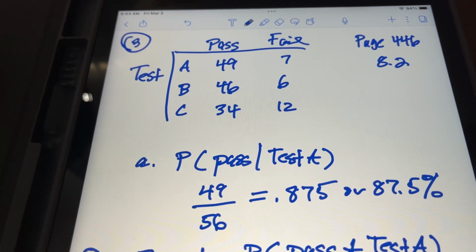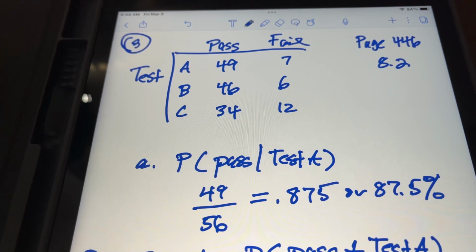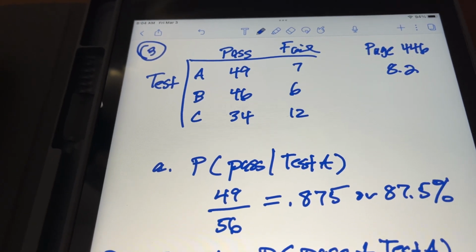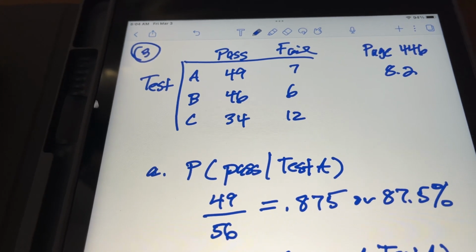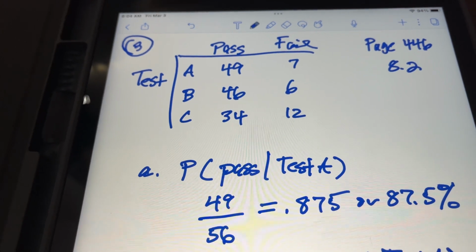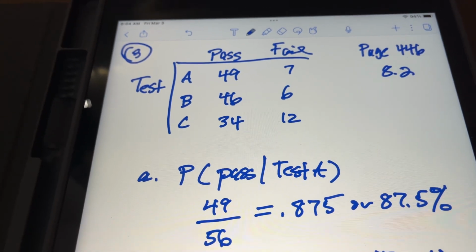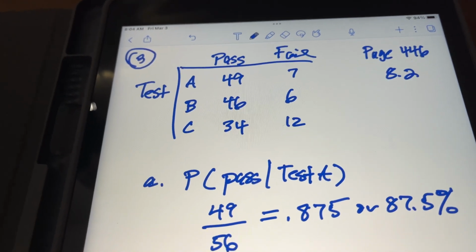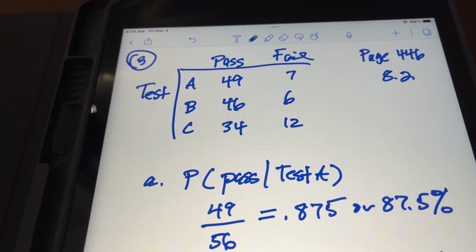Written as a decimal, that's 0.875, and that's 87.5%. So that's how you do that. No special formula or anything, just looking at the table like that. Only 49 people passed from those who took test A, and so that's 49 over 56.